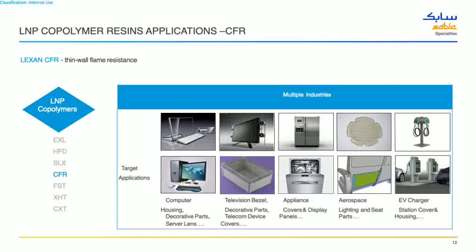So it goes into a lot of applications, as you can see here. It starts from computer housings, television bezels, and in-wall materials, and more importantly, I would like to focus on the electrification market here, which basically needs a certain property like flame resistance to pass a standard regulation test.